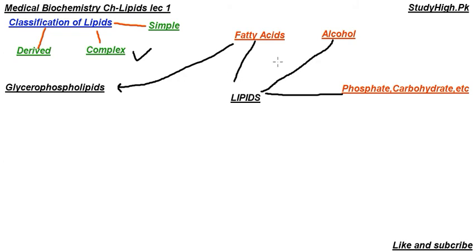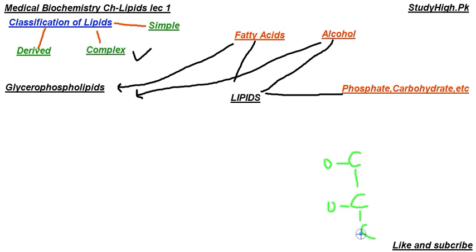The second component, the basic component of all types of lipids, is alcohol, but in the case of glycerophospholipids the alcohol is glycerol, whose structure I explained in my discussion of simple lipids. It consists of three carbons connected with three hydroxyls, and when it combines with three fatty acids through ester linkage, we obtain glycerophospholipids.